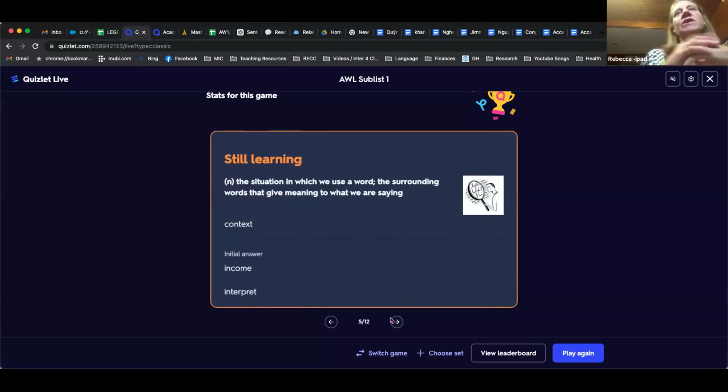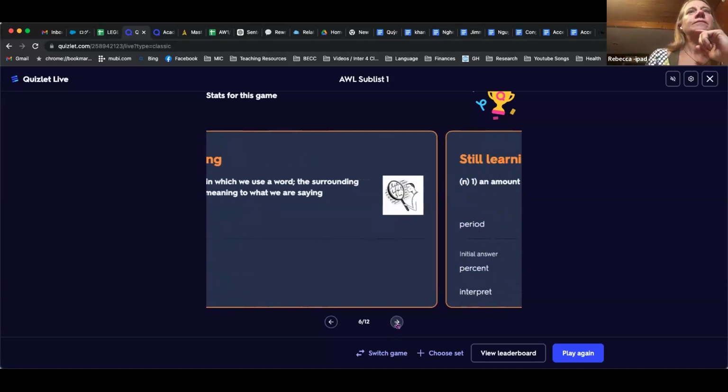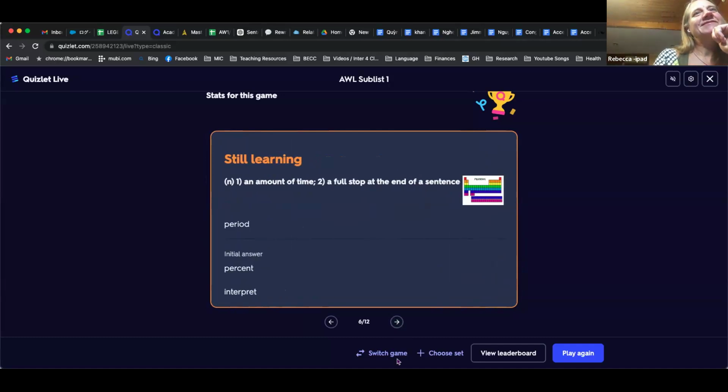If you think these words are difficult, that's okay. This is the academic word list. So these words are more difficult. Yeah, I see you're playing with those curlers, Jesky. Period is the amount of time. Also, we use this a lot, full stop at the end of a sentence. All your sentences need periods. Establish means to set.